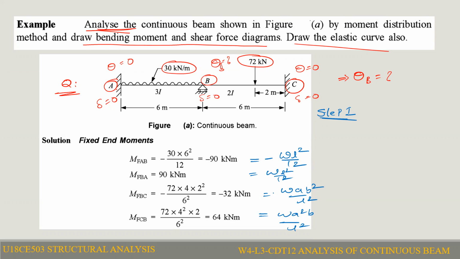AB will be minus, BC will be minus, and BA as well as CB will be positive. Just calculate the fixed moments: MFAB is equal to minus 90, MFBA is equal to plus 90, MFBC is equal to minus 32, MFCB is equal to plus 64 kilonewton meter. So this is step 1.